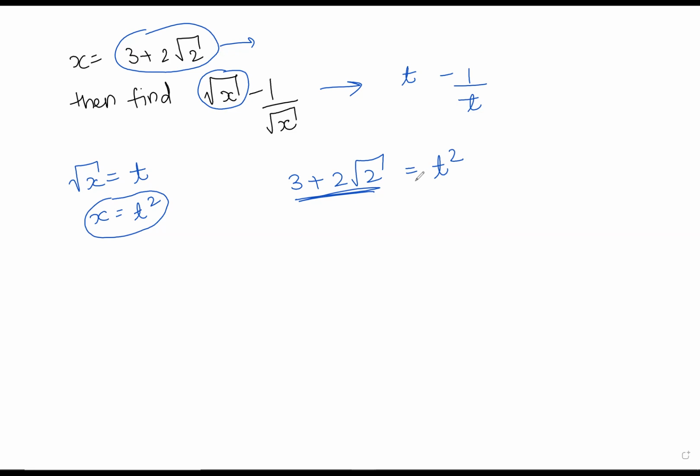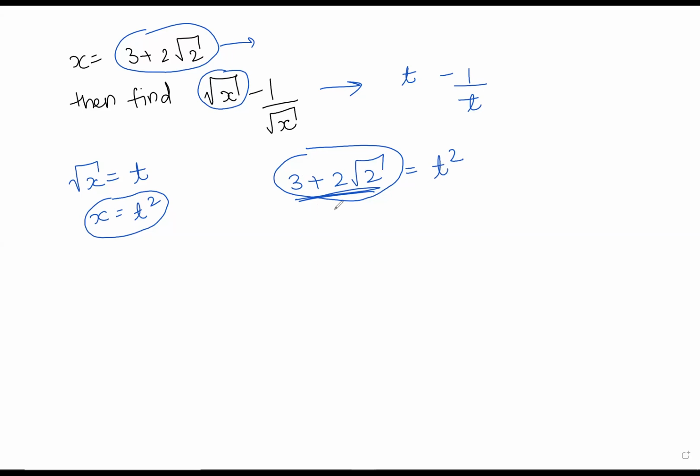What I'm trying to say is that 3 plus 2 root 2 is the square of something, and that something happens to be t over here.